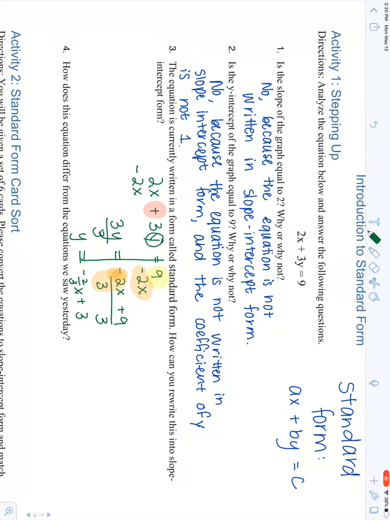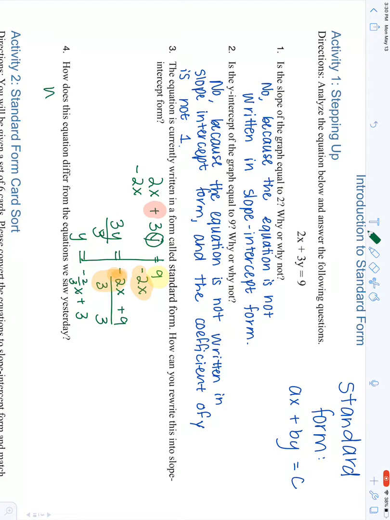Okay, so how this equation differs from the equations that we saw yesterday, we had to do 2 steps. We had to add or subtract and divide rather than just doing one or the other. Yesterday we looked at one-step conversions. Today we're looking at 2-step conversions.